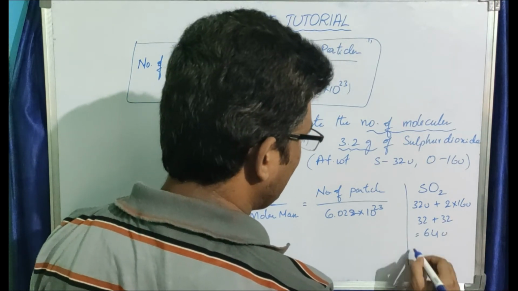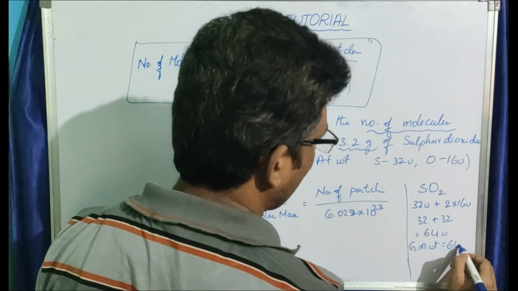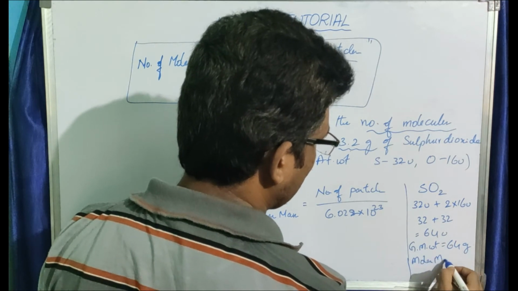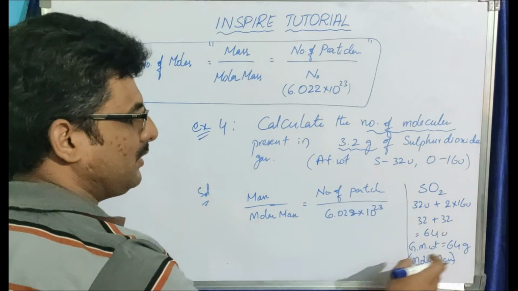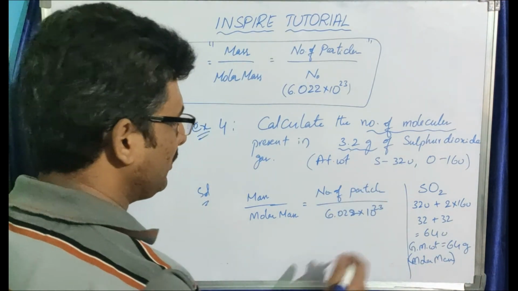So when you convert this into molar mass or gram molecular weight, that will be 64 grams. Okay, molar mass of sulfur dioxide is 64 grams. And so you are going to substitute in this.